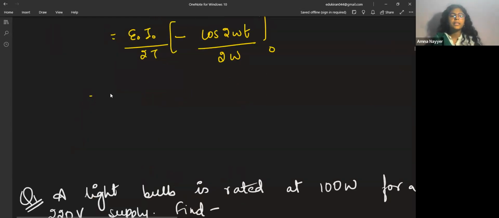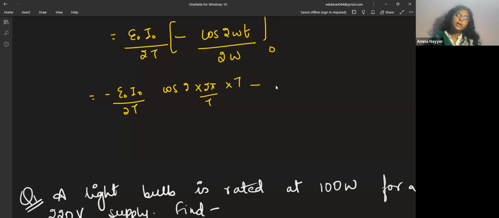But look here, this becomes minus E naught I naught by 2t. You have cos 2 omega, where omega is 2 pi by t, into t, minus cos 0 degree. So t and t will be cancelled.